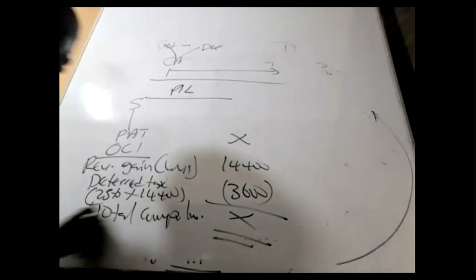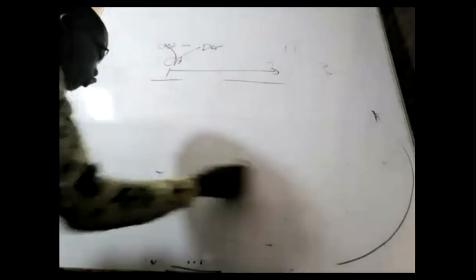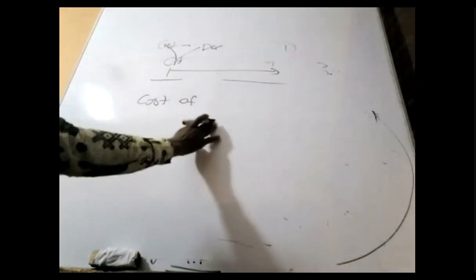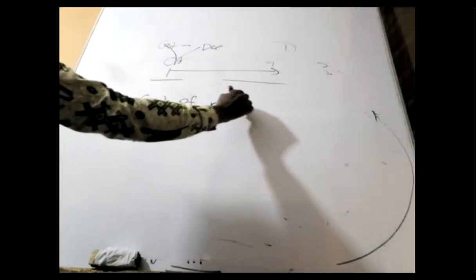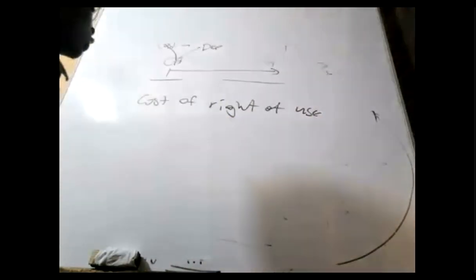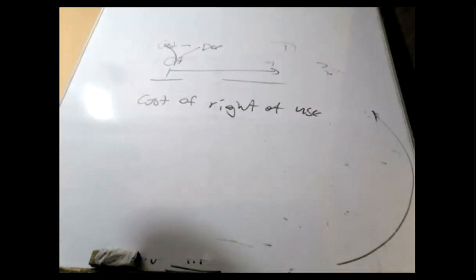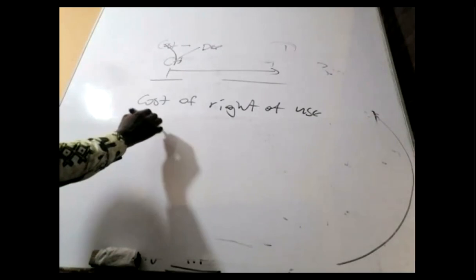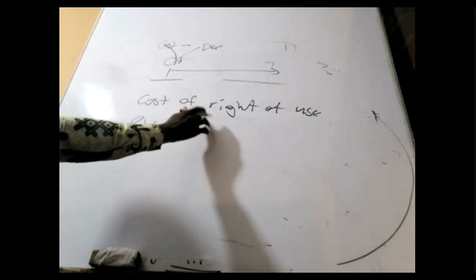Okay, so let's see the lease. I'll just explain it and then move around it. So first of all, to get a cost of right of use, we don't use fair value again. The right of use is equal to the present value of the lease payment.